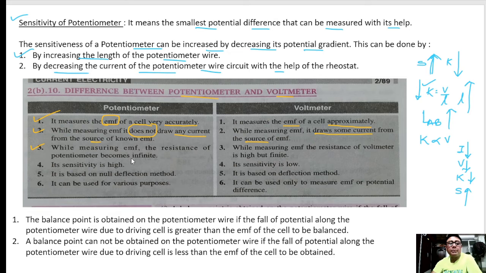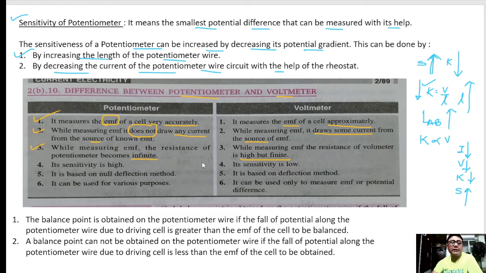Third, while measuring the EMF, the resistance of the potentiometer becomes infinite. Now here, while measuring the EMF, the resistance of the voltmeter is high but finite, not infinite.